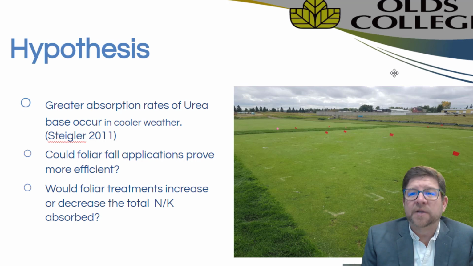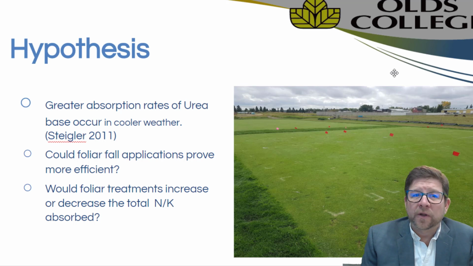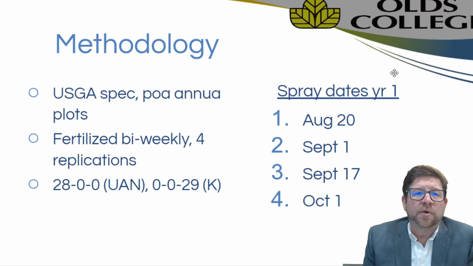We could maximize them and try to give our turf the best opportunity to get through the wintertime through foliar treatments. So that was the principle behind the hypothesis and why we undertook this project.